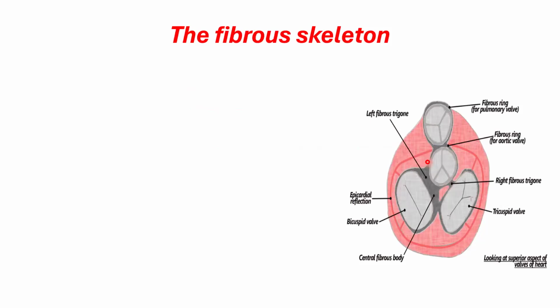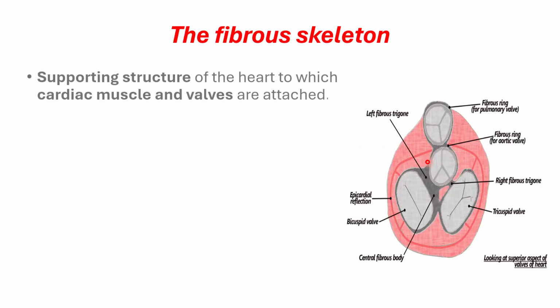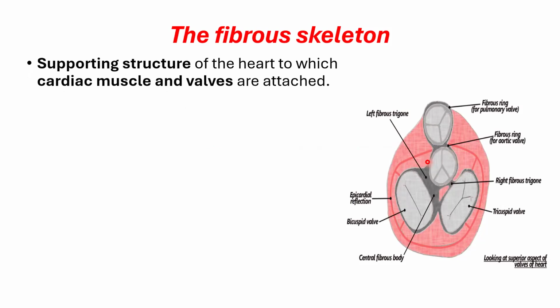So we'll now go ahead and talk about the fibrous skeleton in the heart. Just like any other, when you hear the word skeleton, it talks about the support structure. Here it is the support structure to the heart, especially the heart muscles, which are pumping and contracting, and also the valves, which are attached to the various openings. You find this fibrous skeleton between the atria and the ventricles.